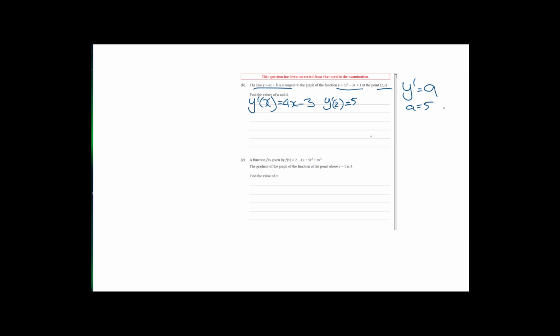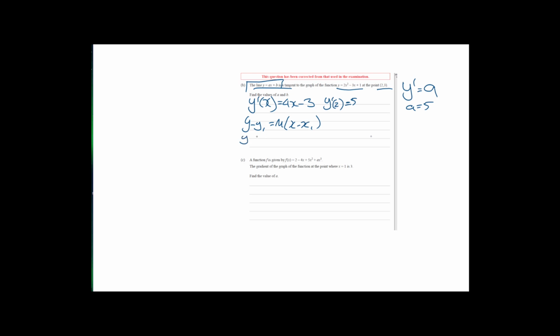Okay. So now we need to find A and B for that. If we know it's a tangent, and we know one of the points, 2, 3, and we know the gradient, we can therefore use our little formula y minus y1, can't we?